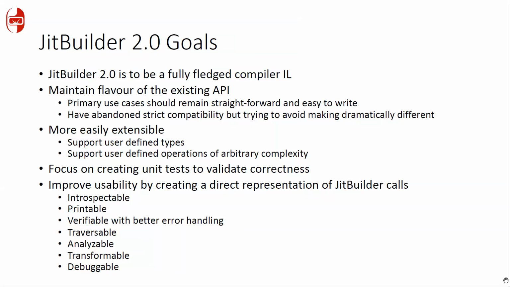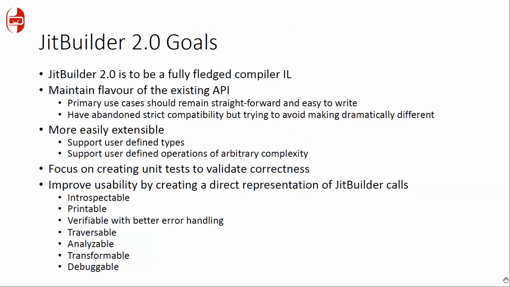And then finally, improving usability. Over the years that JitBuilder has been used, there have been a number of, well, I'll call them complaints because they really are, about the way that JitBuilder works and how it's not always easy to understand errors when they happen or figure out what went wrong and how to fix it.